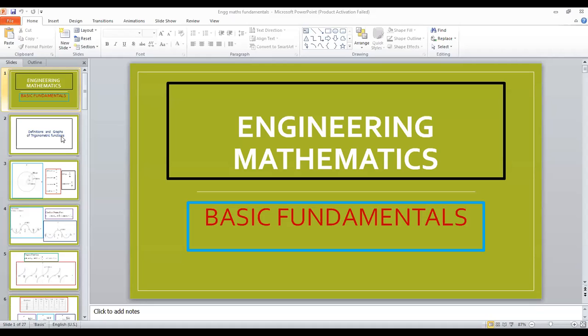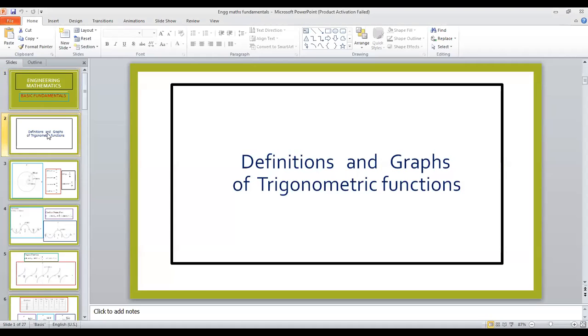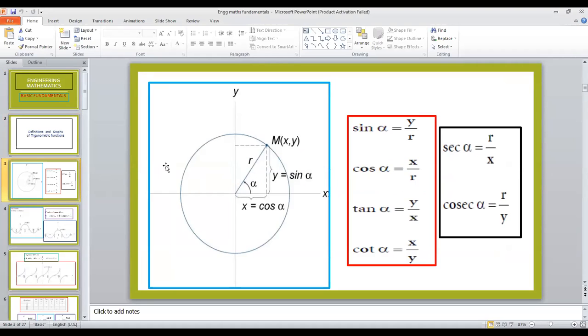These basic fundamentals I want to share in this lecture. First point in our fundamentals is the definition and graph of trigonometric functions. And this is most important to use in first year engineering.